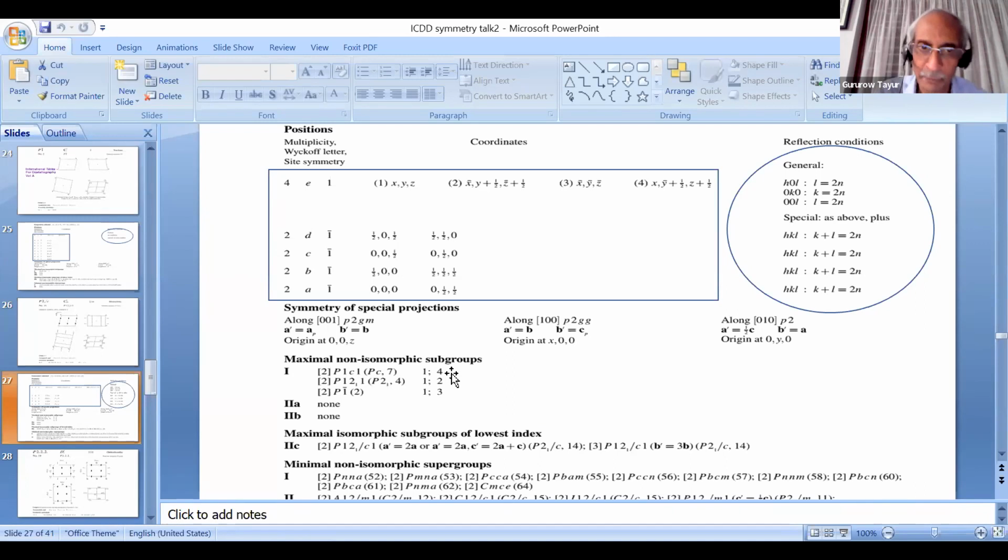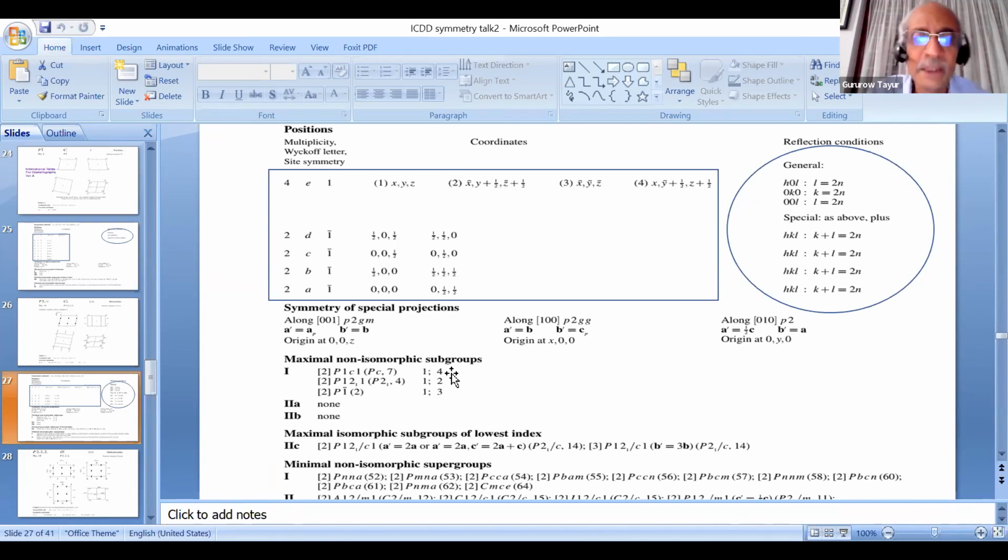We have P21/c as the main crystal system. We can have, for example, the space group Pc, the space group P2, and the space group P1 bar as a part and parcel of this main space group P21/c, in the following indices.